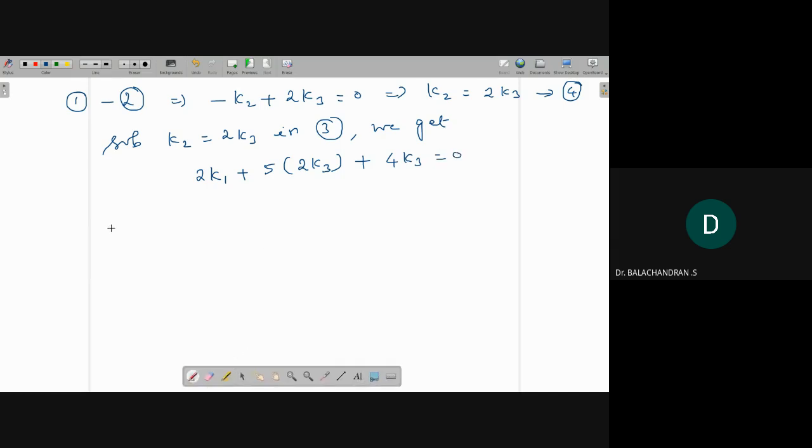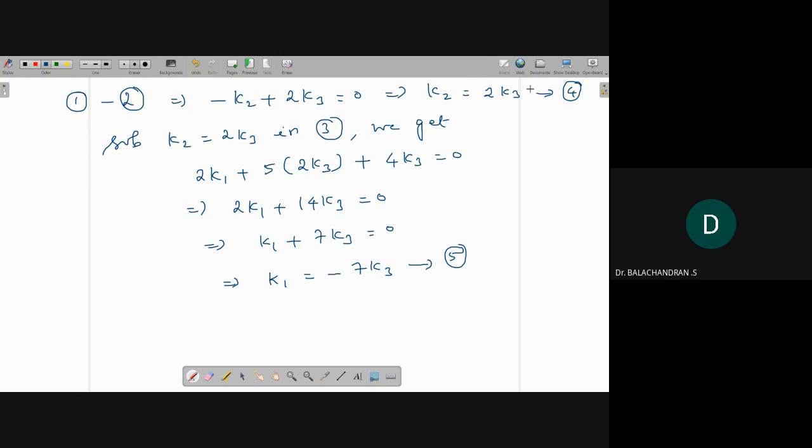So 2k1 plus 14k3 equal to 0. Dividing throughout by 2, you get k1 plus 7k3 equal to 0, or k1 is equal to minus 7k3.